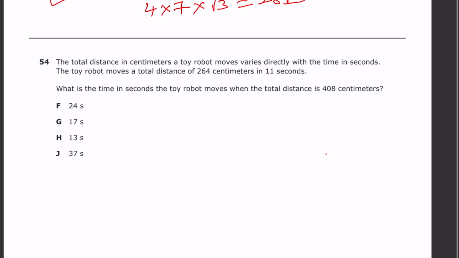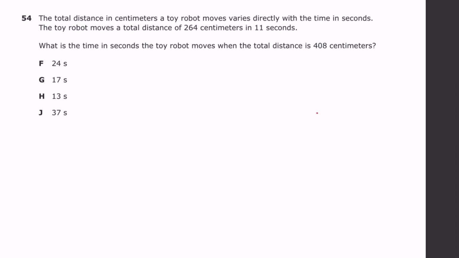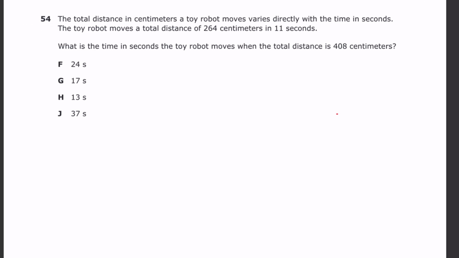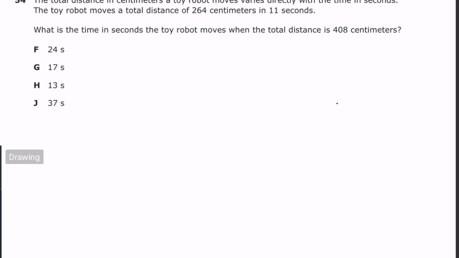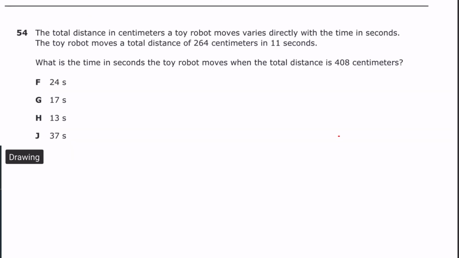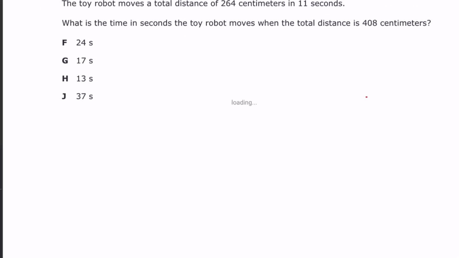Next, 54th. The total distance in centimeters a toy robot moves varies directly with the time in seconds. The toy robot moves a total distance of 264 centimeters in 11 seconds. So here you are having x and y values.